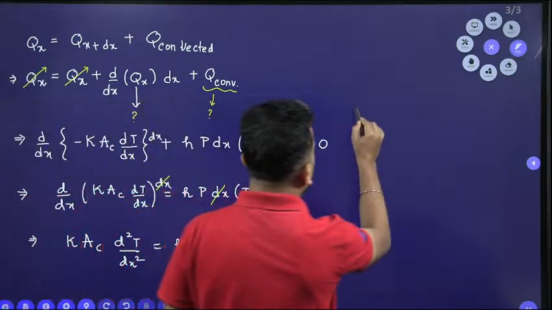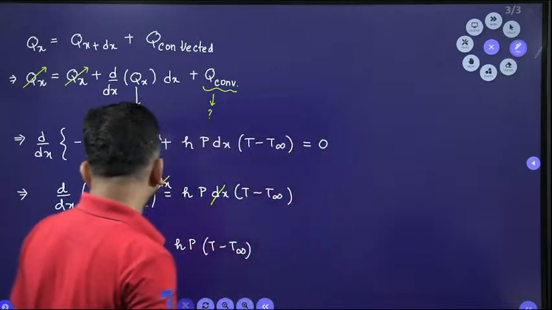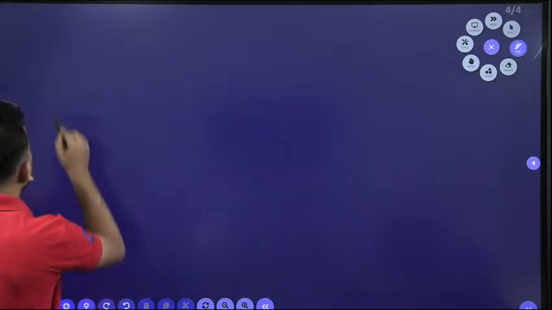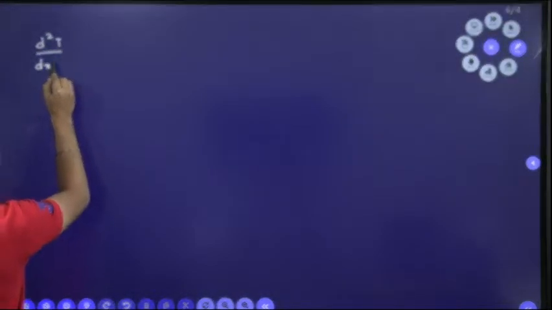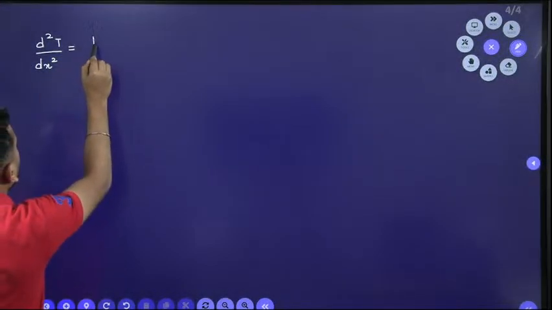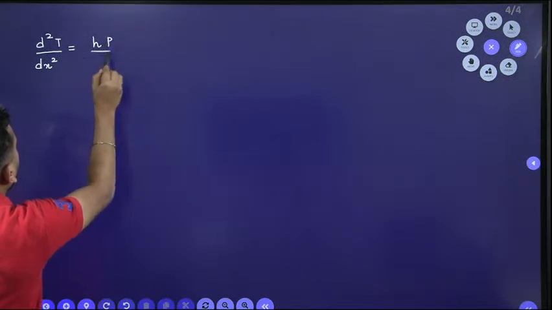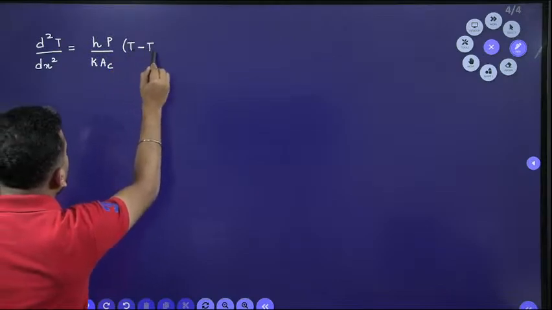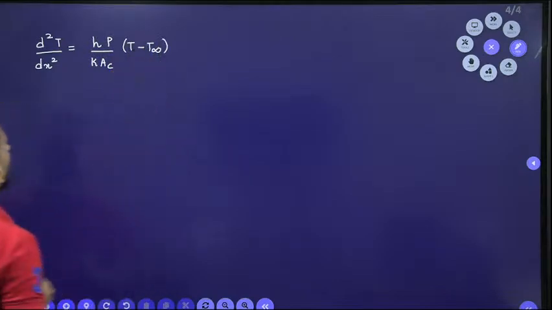So what we have got till now? I have got d2T by dx square equal to h P by k A C times (T minus T infinity). Now for mathematical simplicity, I will take an assumption.